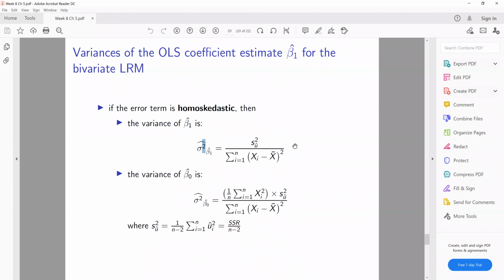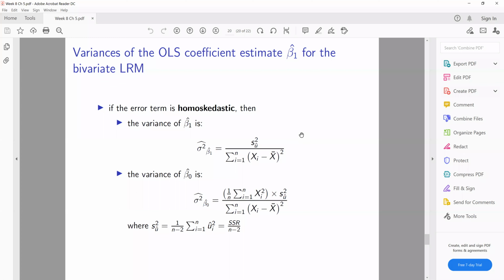So these are the expressions of how you calculate this sigma hat squared of beta hat 1 and sigma hat squared of beta hat 0, under the assumption that U is homoscedastic, that the variance of U is constant. So I give my students assignments that involve these expressions, and they have to calculate them in Excel.